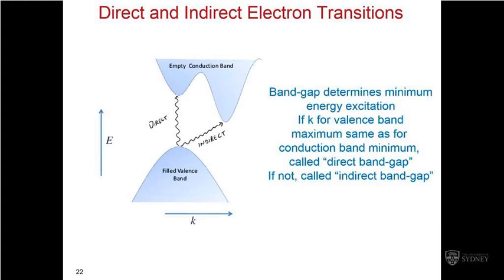A direct semiconductor is where the band gap is between the states that have the same K vector. So this would be a direct semiconductor if this thing was not hanging down here, if this was up higher. But because this is the lowest conduction band, and it's not at the same K point as the valence band, we also call that an indirect semiconductor.